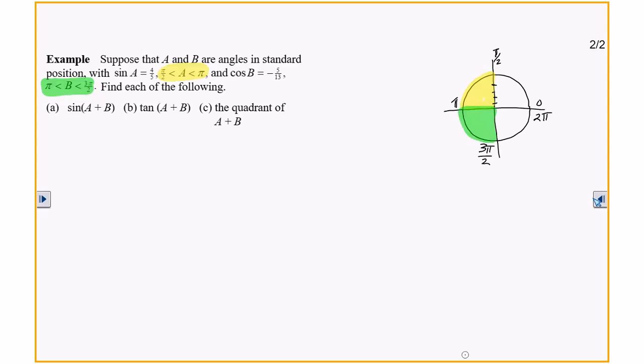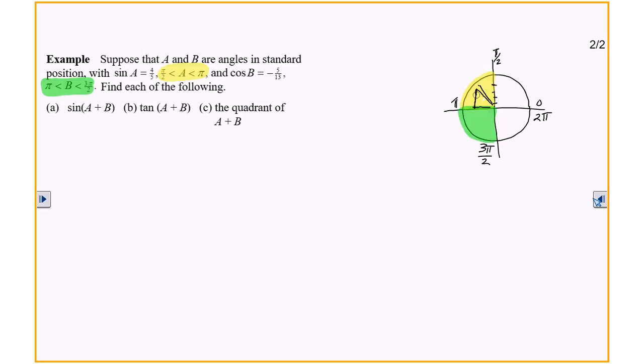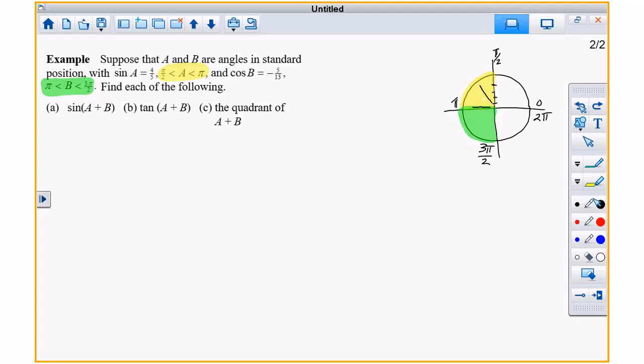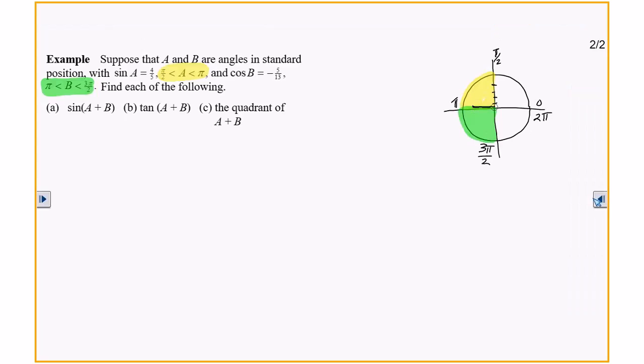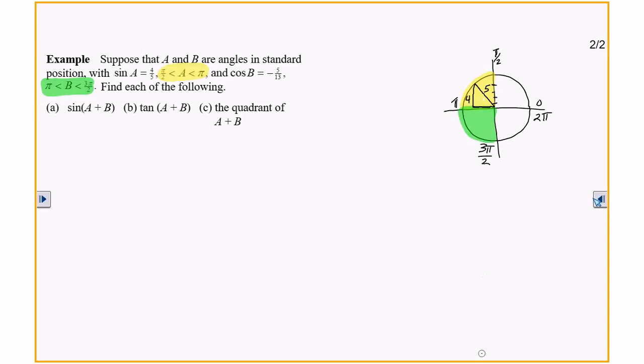If you were to draw an angle right here, we know the opposite is 4. I'm just drawing a generic angle, and it's got a height of 4 and a hypotenuse of 5. Now you can find x there by doing what?